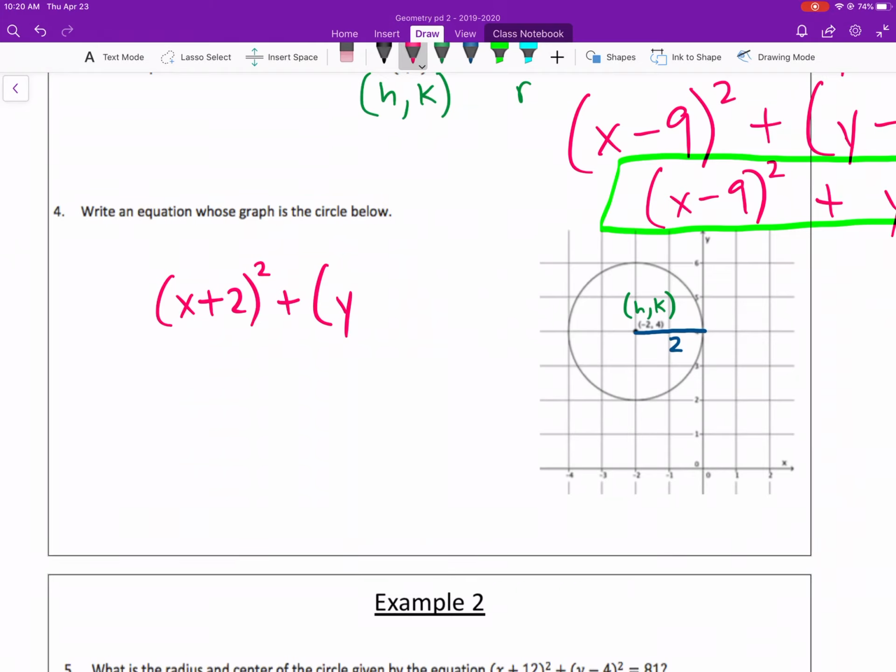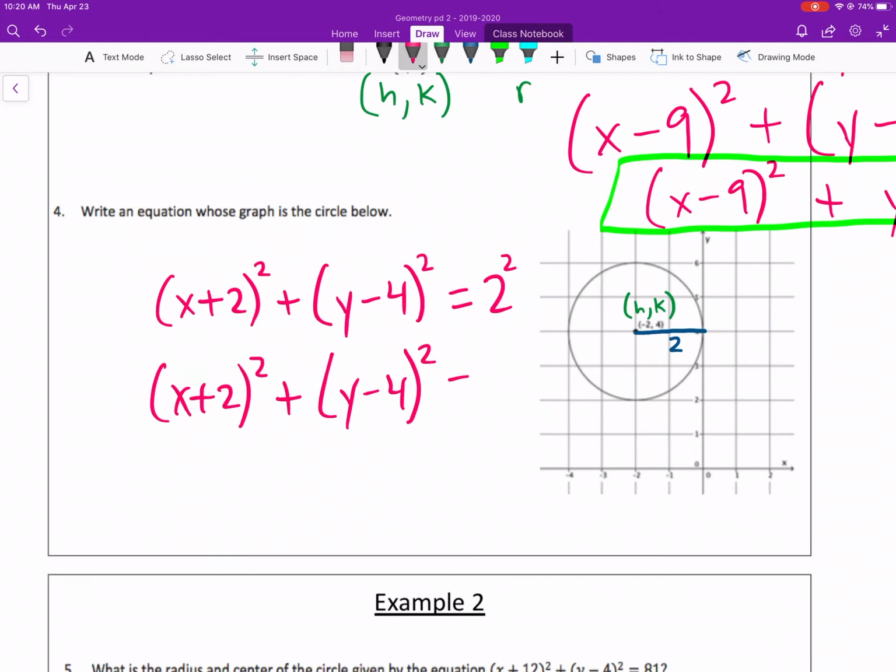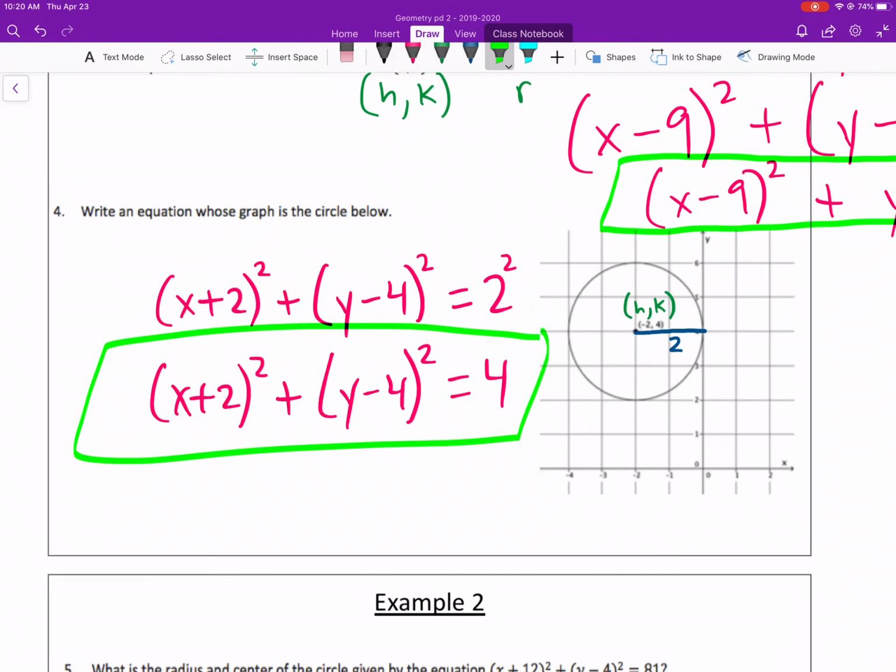Now the k value is 4, so now it's going to be subtracting 4, squared, is equal to the radius squared, which is 2 squared. So this would be (x plus 2) squared plus (y minus 4) squared equals 4. Just have to square that radius, and that's it.